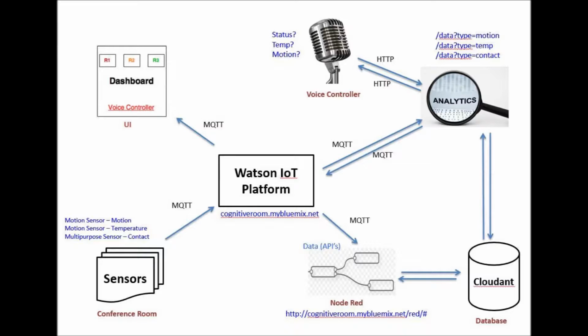The major part here is the dashboard, where we have the voice controller. It can be used in such a way that we can ask for the status, temperature, or motion, and it automatically sends the speech to text data to the Watson platform, and then it gives the results in the form of text again. We are using minor analytics here, collecting the data from the devices and analyzing them.